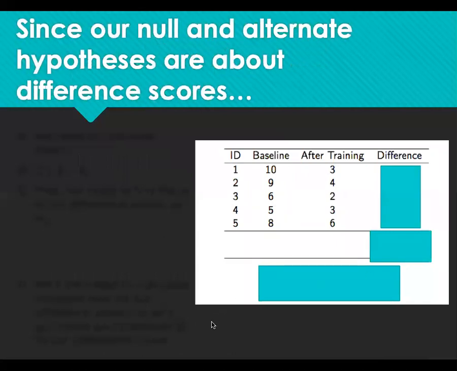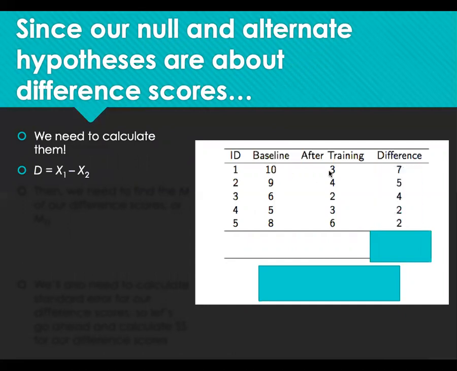So since the null and alternative hypotheses are all about difference scores, we need to calculate the differences. The difference is just score 1 minus score 2. So like I said, 10 minus 3 is 7, 9 minus 4 is 5. You're just literally subtracting one score from the other and listing the difference scores over here in this difference column.